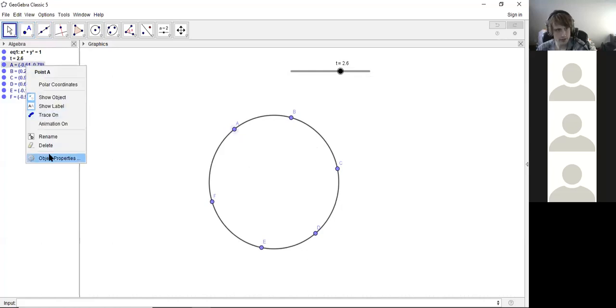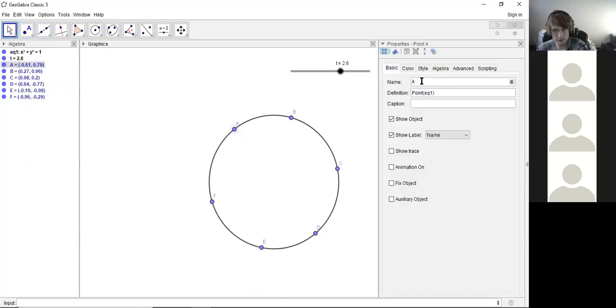So let's call this one A1, and this one B1, and this one A2, B2, A3, and then B3.